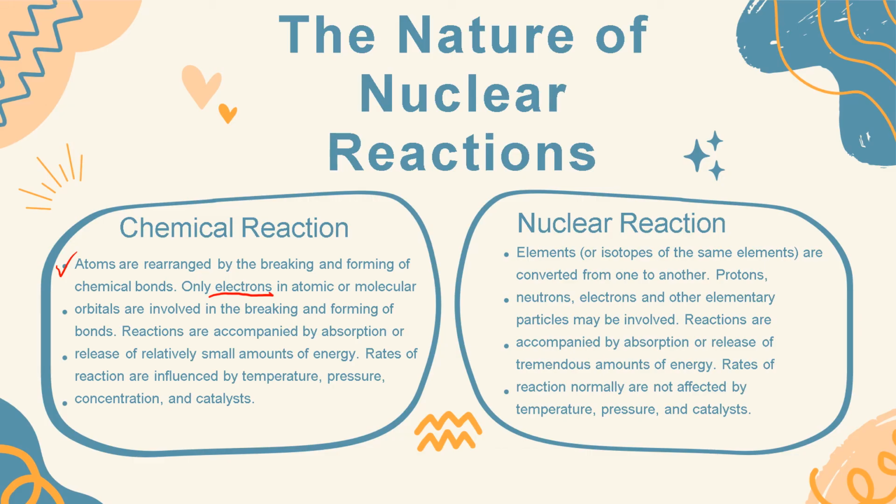Kumbaga sa atomic structure natin, sa labas lang ang chemical reaction. Orbitals are involved in breaking and forming the bonds. Reactions are accompanied by absorption. Orbitals are the layers of the electrons.